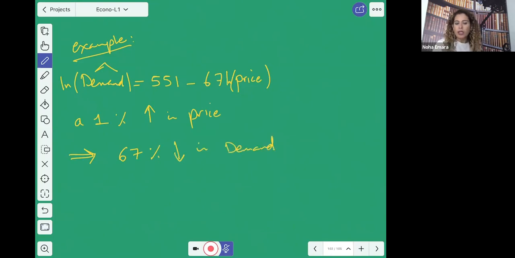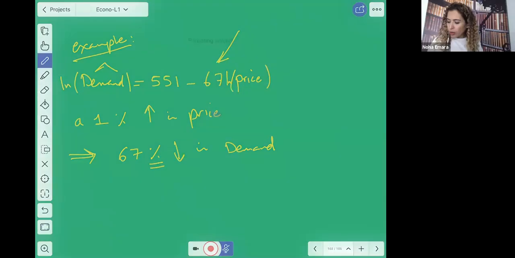So I'm telling you it's the easiest because you just take this coefficient and you just add the percentage symbol. You don't have to multiply times 100 as we did with the log linear, and you don't have to divide by 100 when we had it with the linear log. You just take the number, add the percentage symbol. Okay. So you guys have any question? All good.